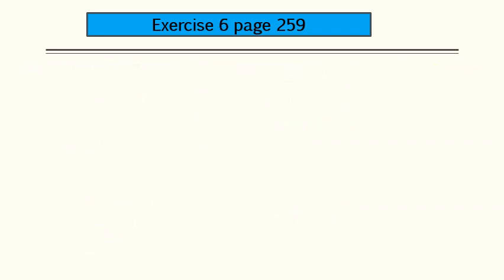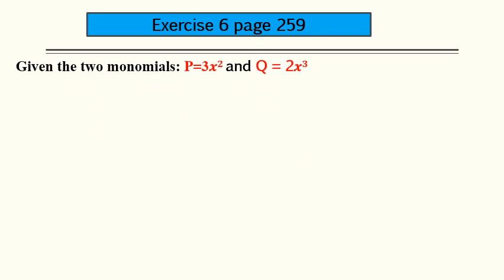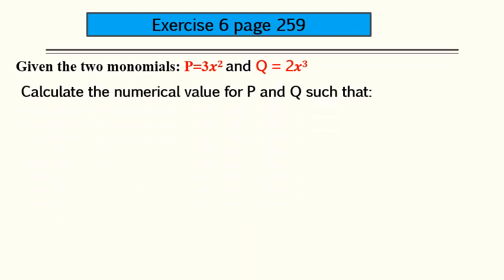Now exercise 6, page 259. Given the two monomials p equals 3x squared and q equals 2x cubed, calculate the numerical value for p and q such that x equals 0. So what should we do? Simply I have to replace x by 0, and when I say replace, I mean 3x means 3 times x.